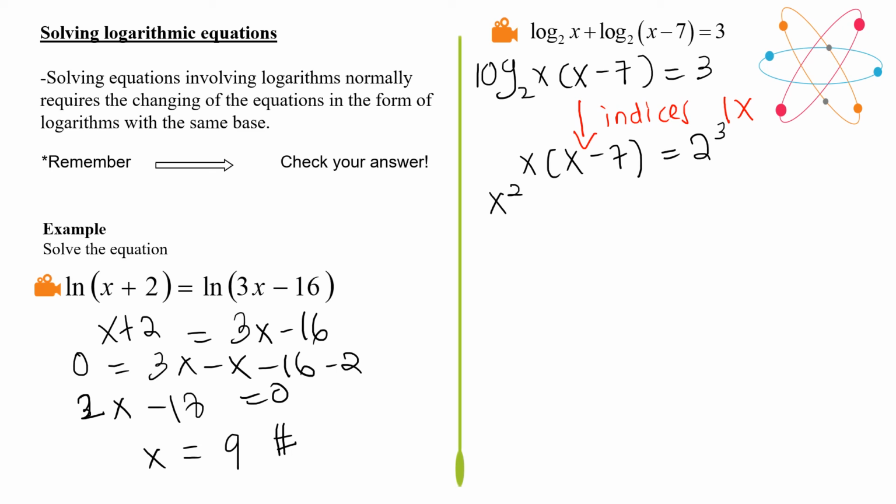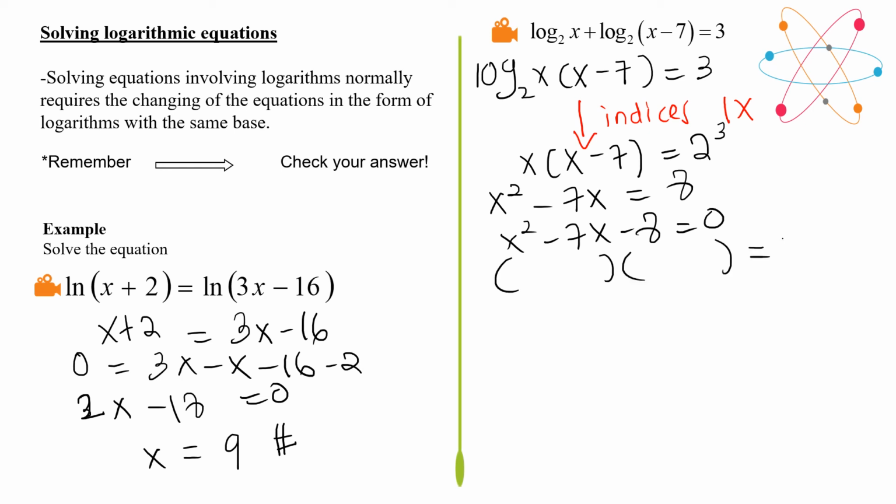Expand carefully. Make it a quadratic equation. Factorize it. First factor is x equals negative 1. Second factor is x equals 8. We have two answers for this question, so we need to check. How to check?